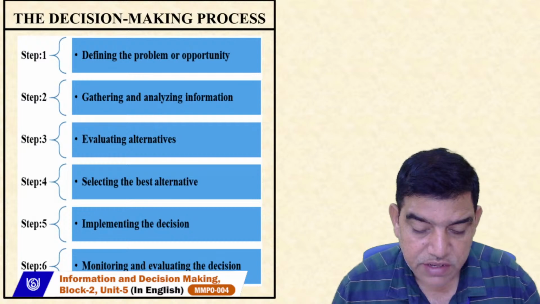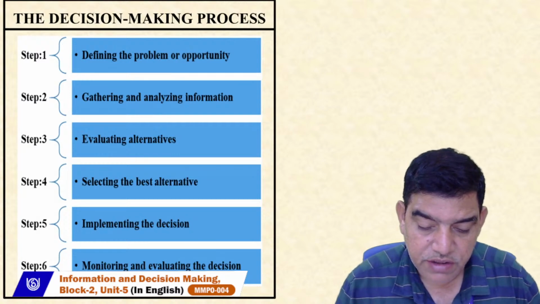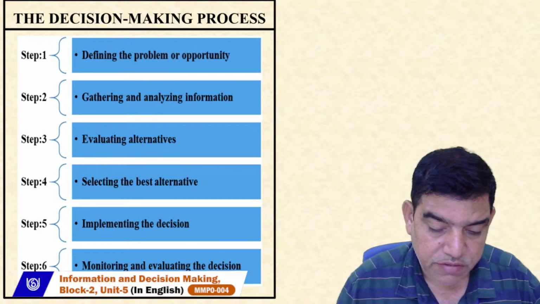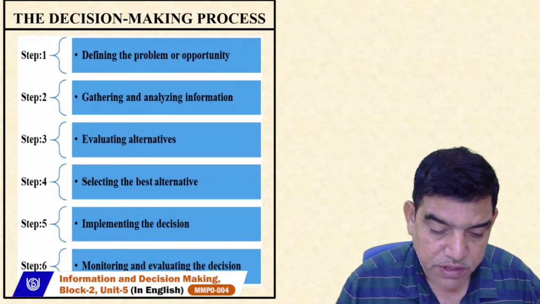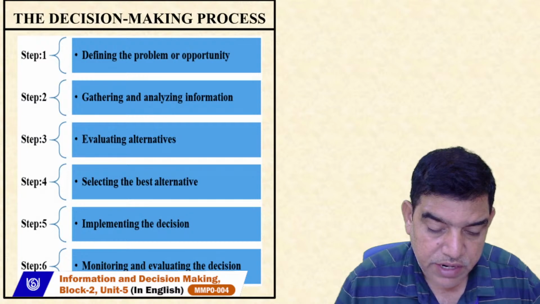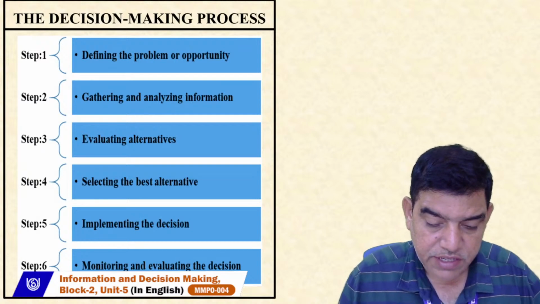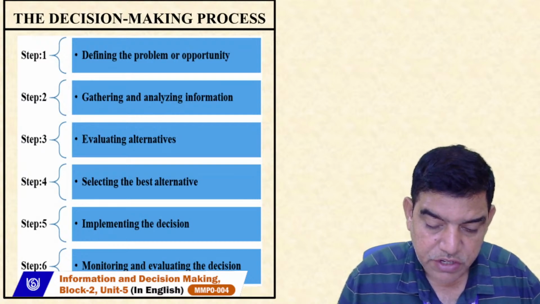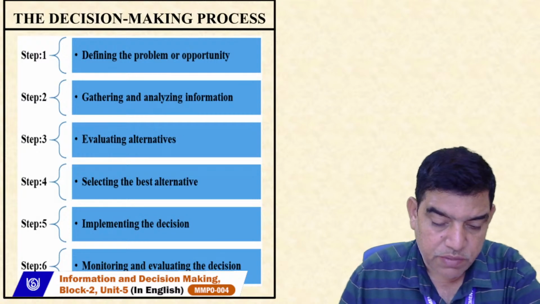The step entails weighing the advantages and disadvantages of each option and considering the possible outcomes. Evaluating alternatives is an important step in the decision-making process, and it involves assessing and comparing various options to determine the best course of action.